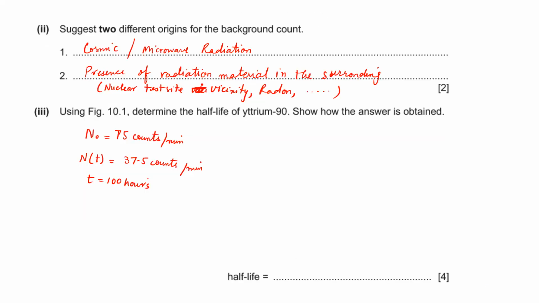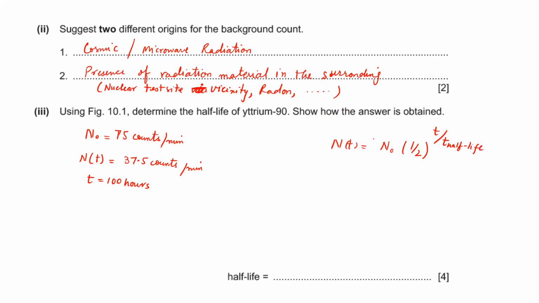So now the formula that is generally used is N t equals N naught times (1/2) to the power t divided by t half-life. So this is the formula.